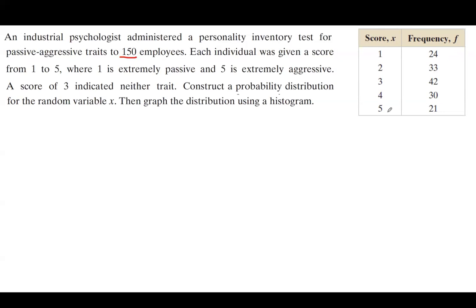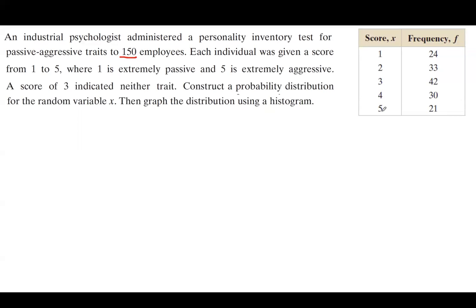If you want to think about it in a class, suppose we have a test. The test scores are 1, 2, 3, 4, 5. 5 is the maximum, 1 is the minimum. I have 150 students. 24 students got score 1, 33 got score 2, 42 got score 3, 30 got score 4, and 21 got the perfect score 5.